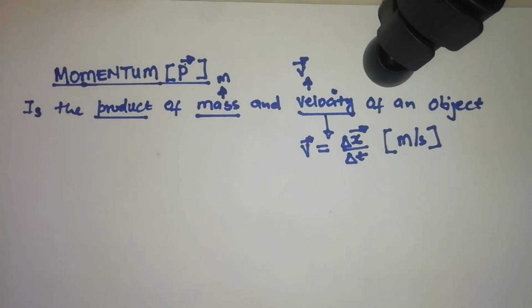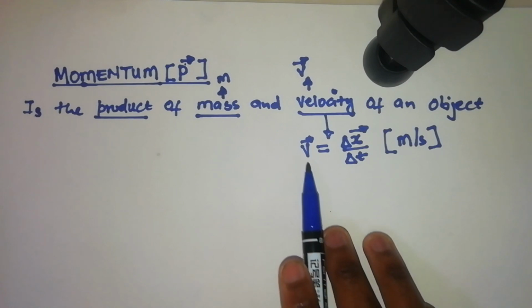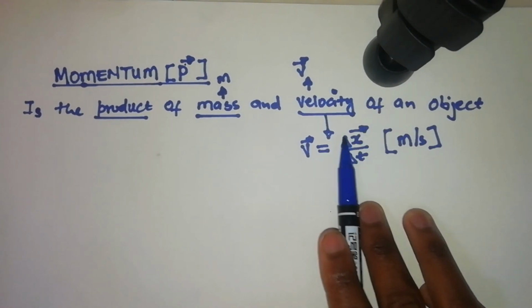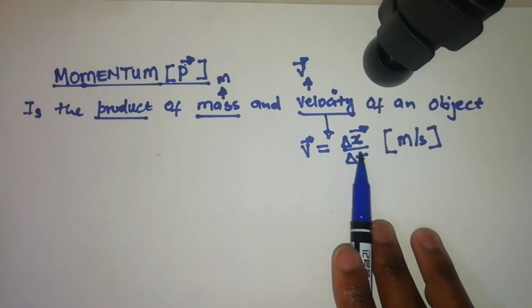So in this case, velocity is the change in position of an object per unit time, or you can say velocity is the rate of change in position of an object. Hence the formula: v is equal to change in position over change in time.